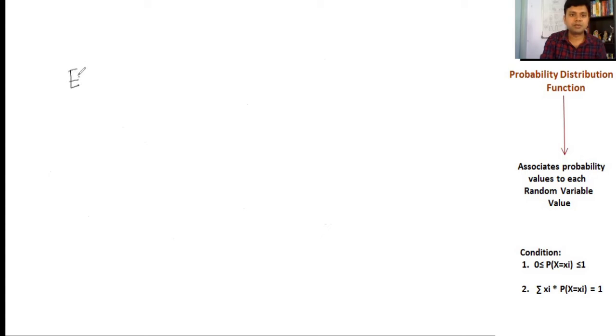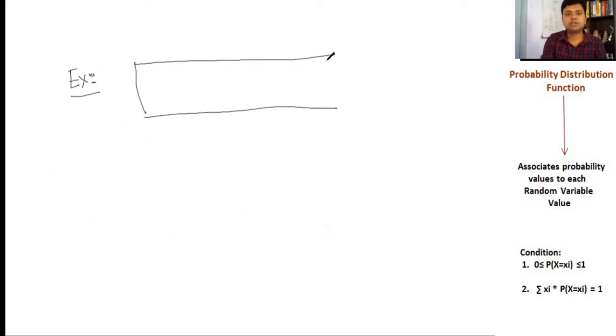First example. Here I'm going to create a probability distribution function. This is X, and this is probability of X is equal to xi. So X is equal to 0, 1, 2, 3.